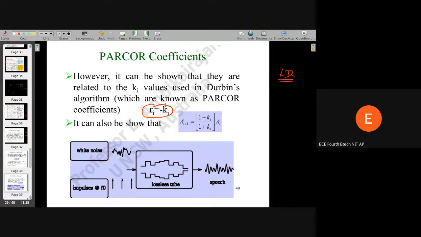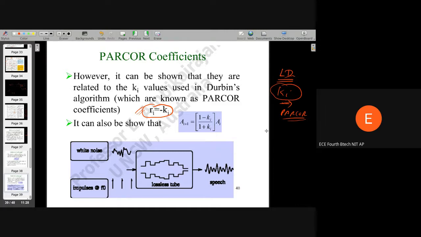What we got, these Ki, are also known as PARCOR coefficients. Does not matter. But there is a relation between the reflection coefficients and the Ki coefficients that we get in the Levinson-Durbin algorithm. And how are they related? They are related by this simple relation: it is the negative of the other.